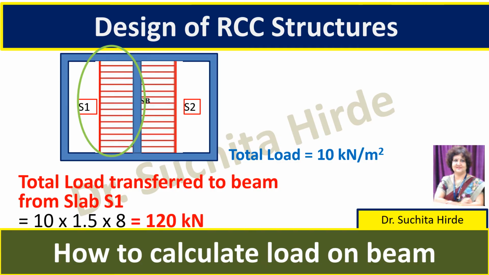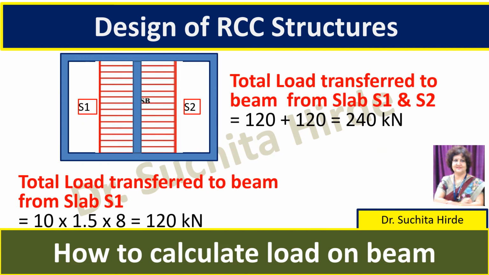So 10 is the load in kilonewton per meter square, and the shaded area is 1.5 by 8. So we get 120 kilonewton from slab S1. Similarly, 120 kilonewton will be from slab S2. So total load which is transferred to this beam from the slab is 240 kilonewton.